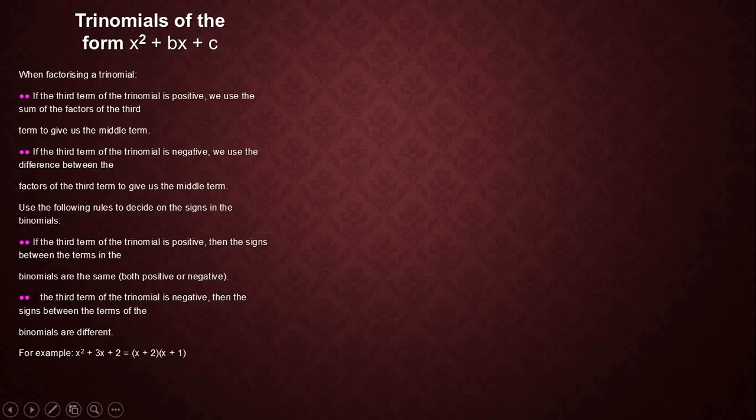If we're multiplying these brackets to get back to this, and the third term is negative, we use the difference between the factors of the third term to give us the middle term. Then we use the following rules to decide the signs of the binomials.